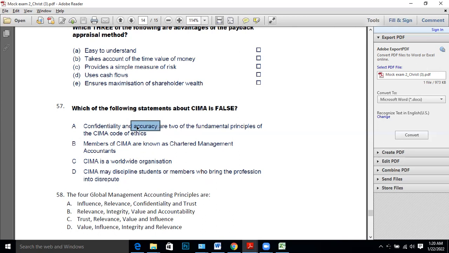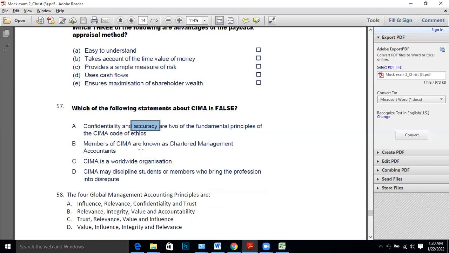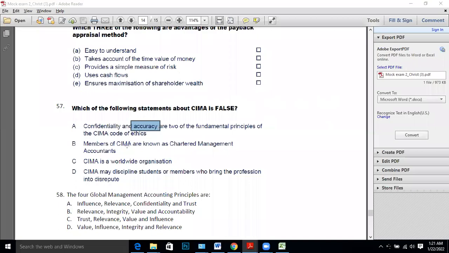Confidentiality is one of the fundamental principles of the CIMA code of ethics. Members of CIMA are known as chartered management accountants. Yes, you can call members of CIMA chartered management accountants, that's fine.